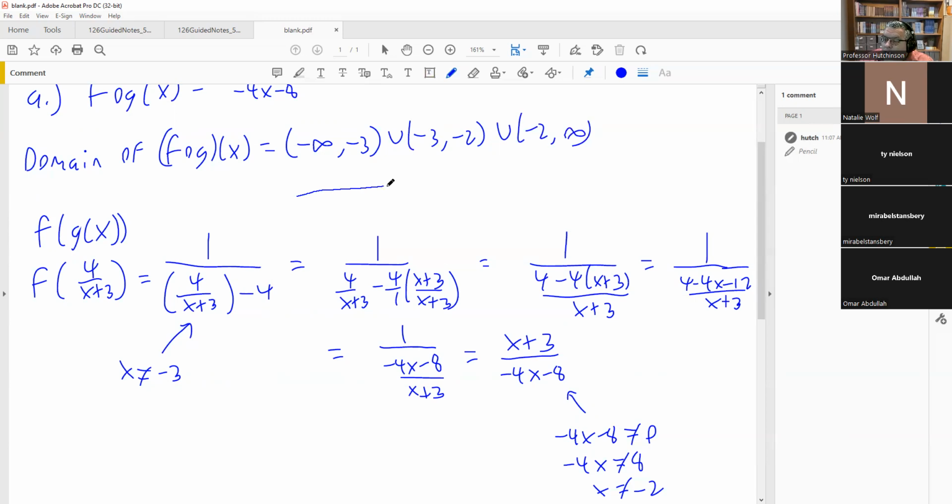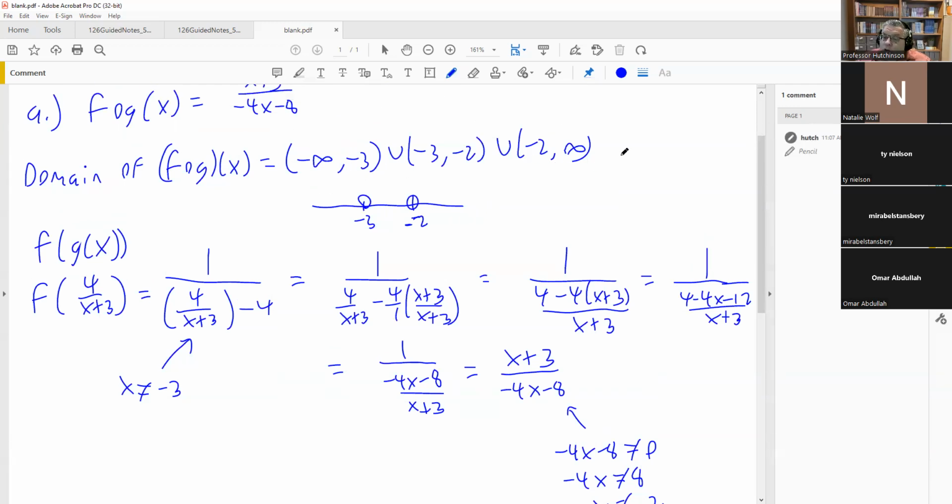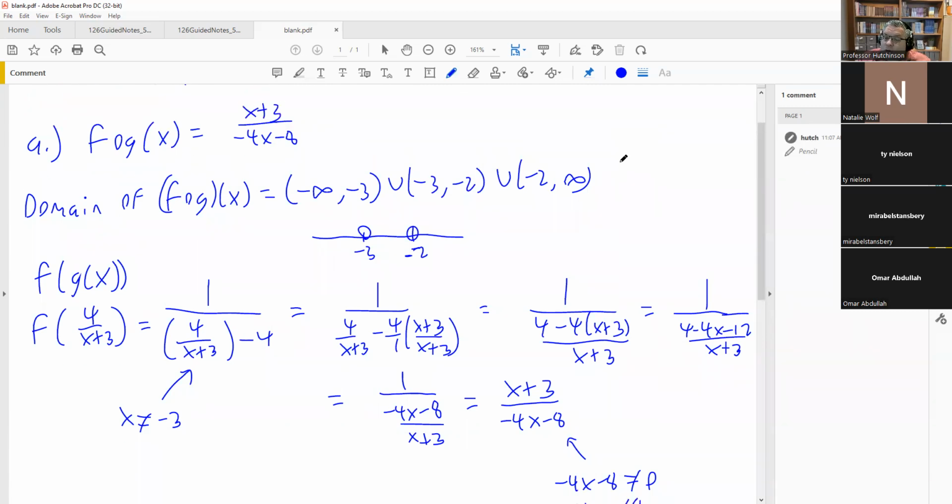The way I'm visualizing this, if you want to see how I'm getting that notation, is that on a number line, negative 3 and negative 2 are not included. And so you're including all the numbers before negative 3, in between these two numbers, and then after negative 2, and that's how I got all that. And so that would be your two answers for part A there.